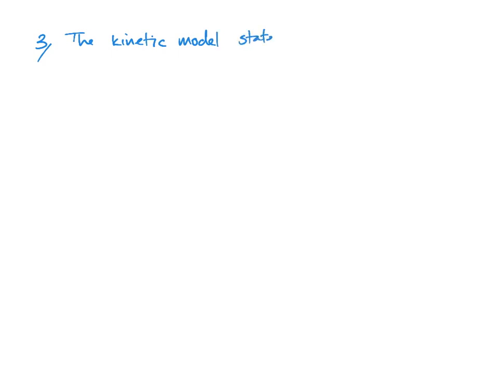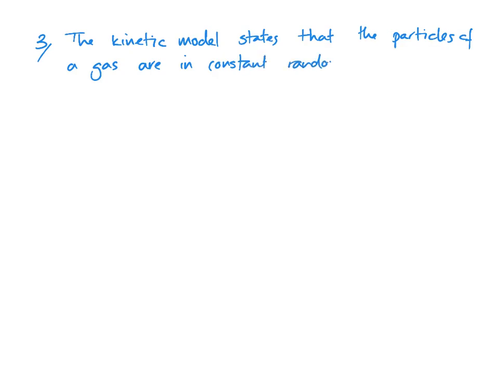And it states that the particles of a gas are in constant random motion. So that's our definition of the kinetic model.